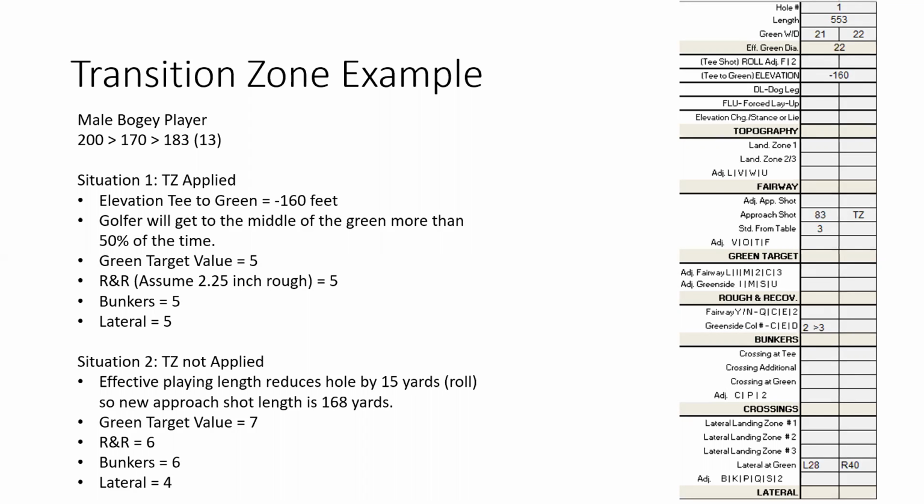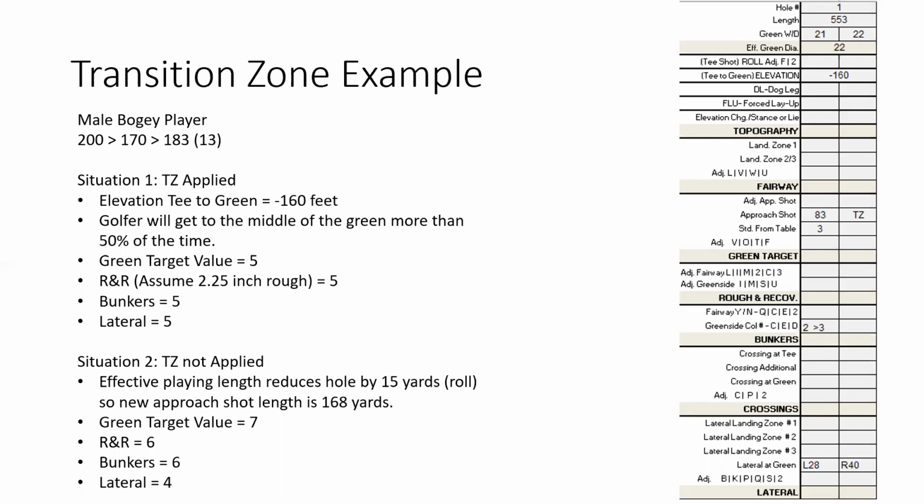To me, that means that if I've got a better chance of getting the distance there because I don't have a transition in 2, it's still making the hole harder for me. In other words, I've got higher rating values in situation 2, which normally means that it's a harder hole.